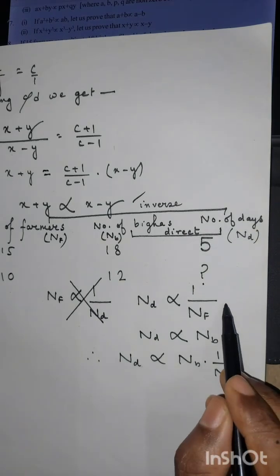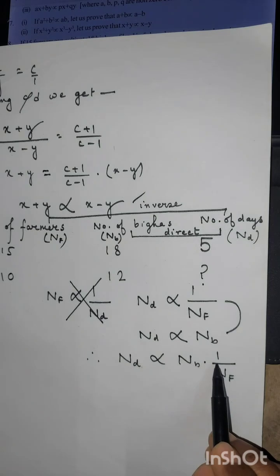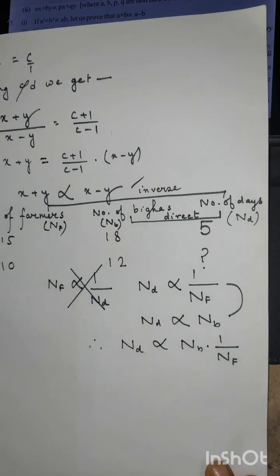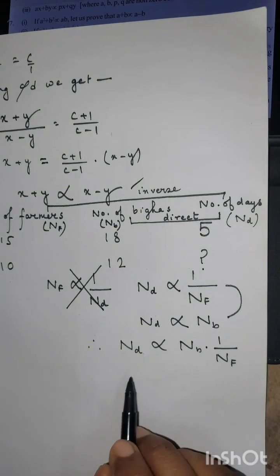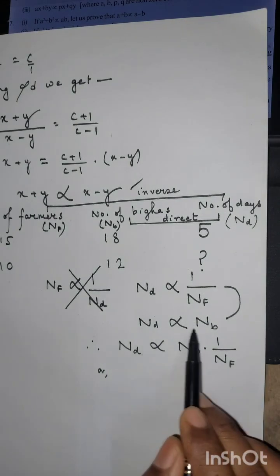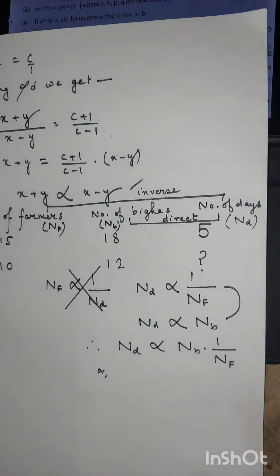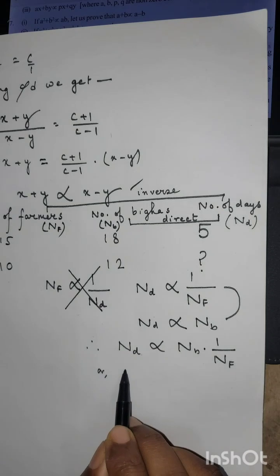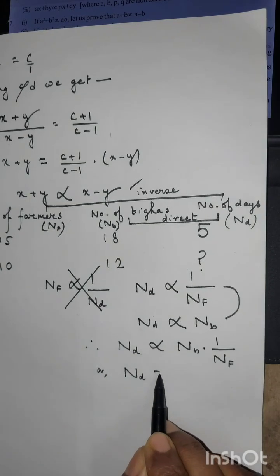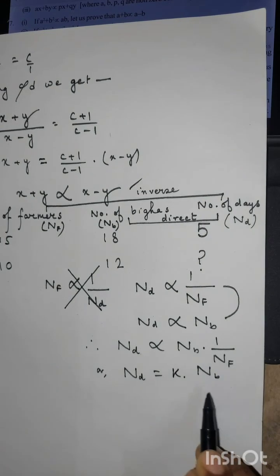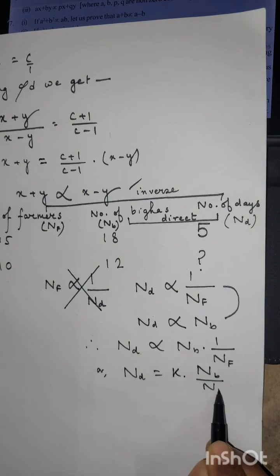Okay, combining these two relations we get this third relation. Now let us convert it into an equation. ND equal to a constant, that is K, into NB by NF.